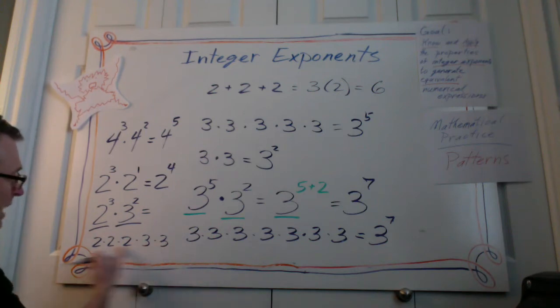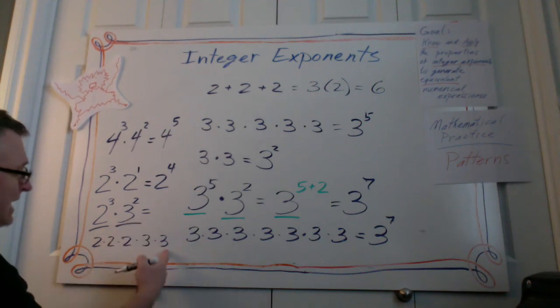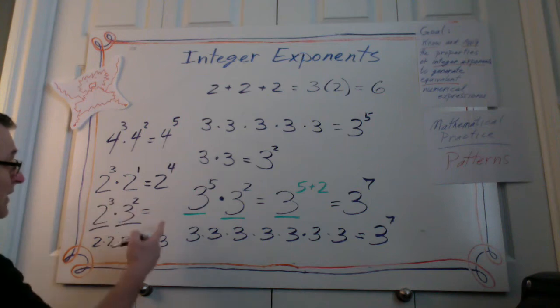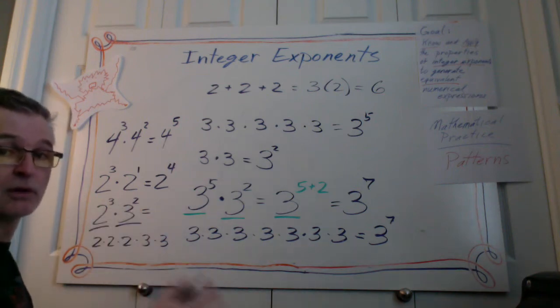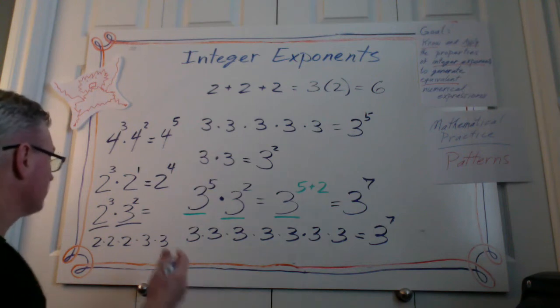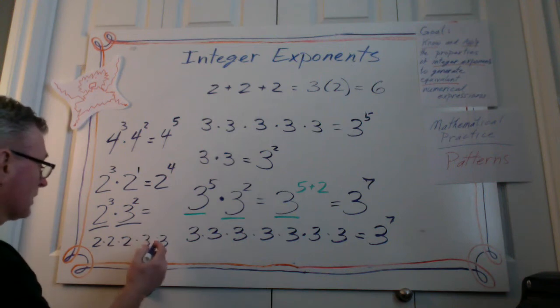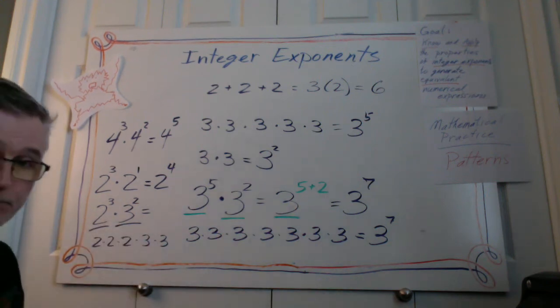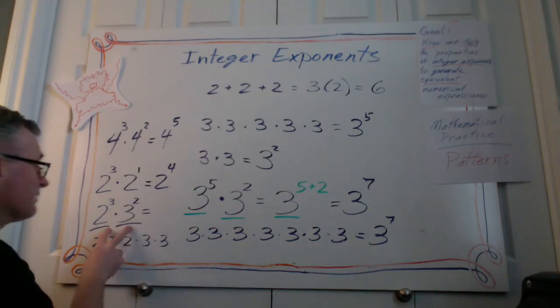I can't combine this into one idea, and I can't make it 6, because then it would be a 6 to the 5th, and that's going to be a really large number. This will not work, and the reason it won't work is because we don't have the same bases. So we can't put it together, we have to leave it like this.